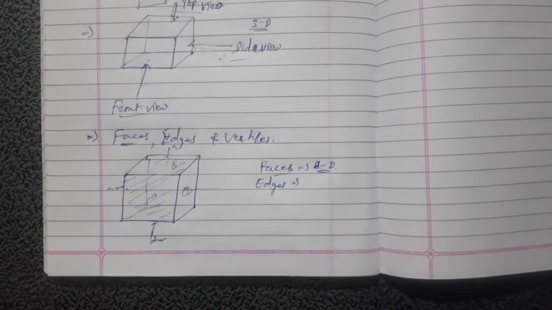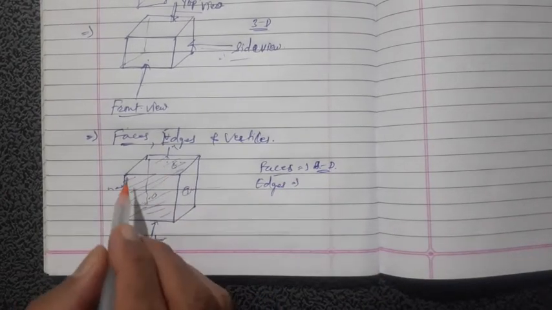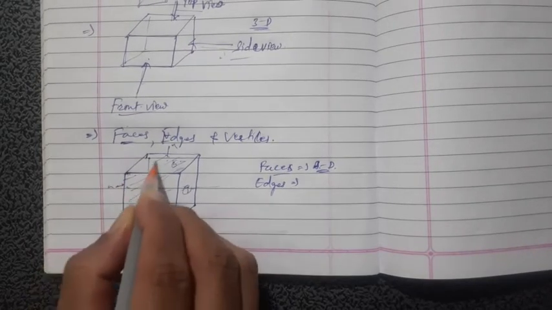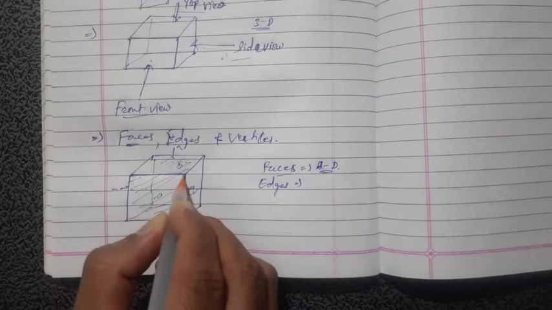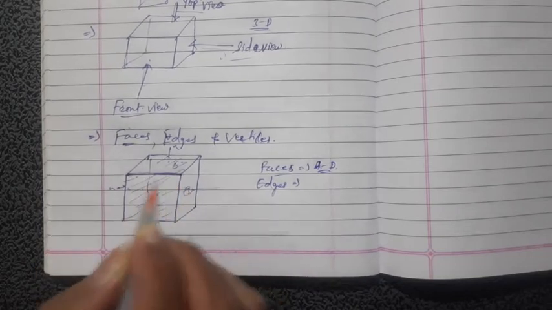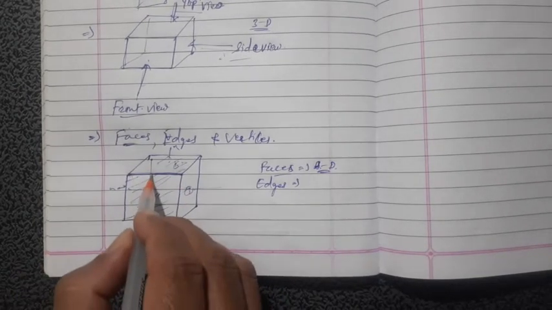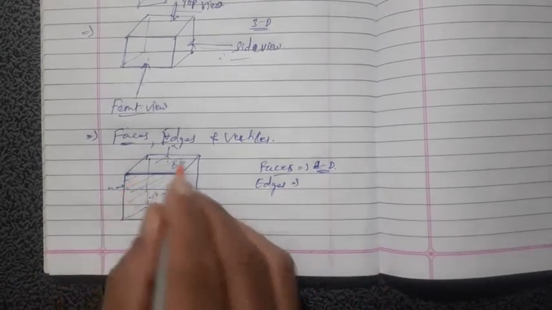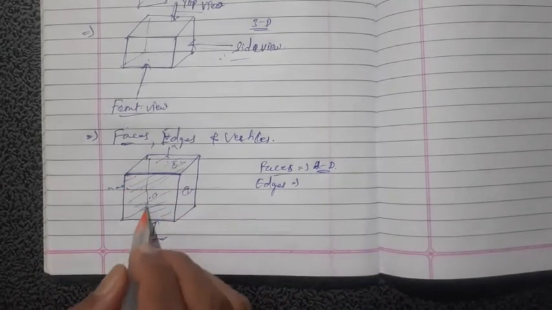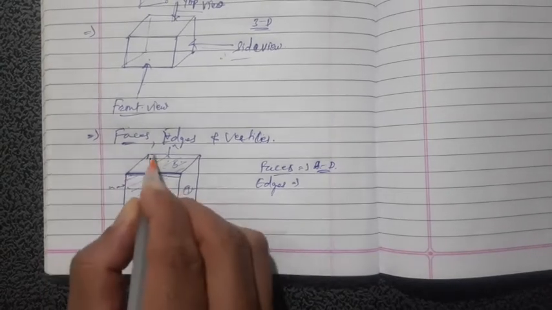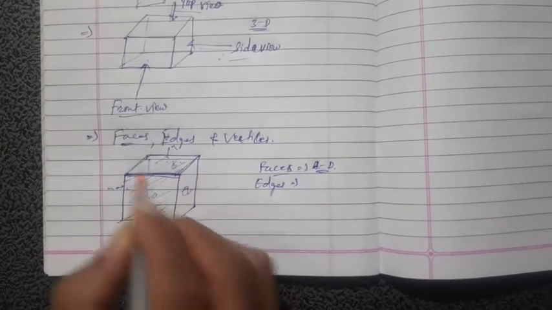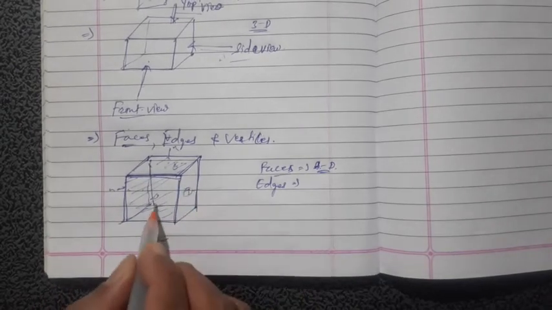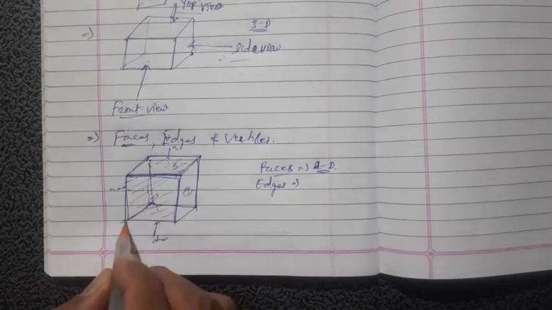Edge means where two faces intersect each other. When two faces intersect, we have a line segment. In short, you just find out how many line segments are there in that shape. Here in that cube, look, 1 2 3 4 5 6 7 8, same here 9 10 11 12.